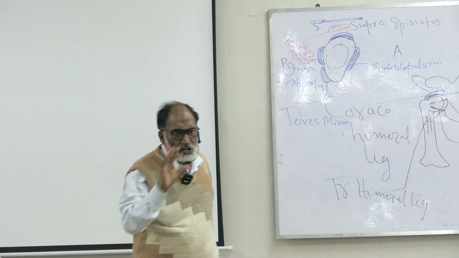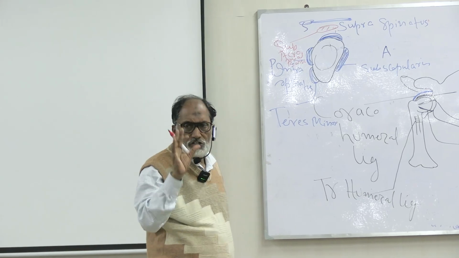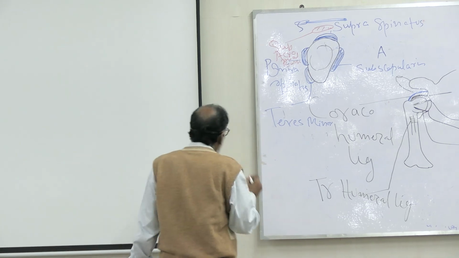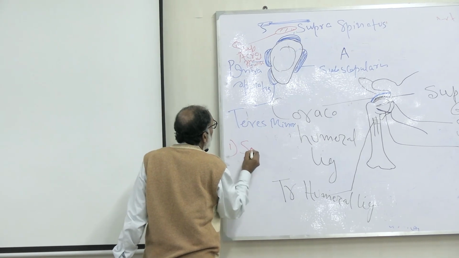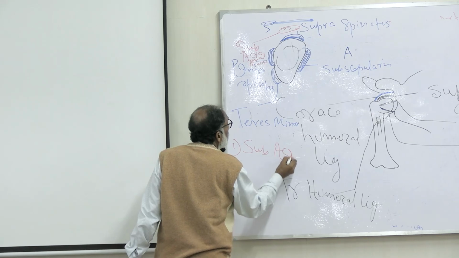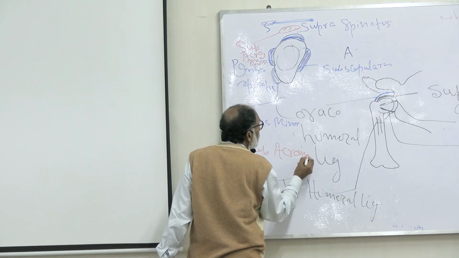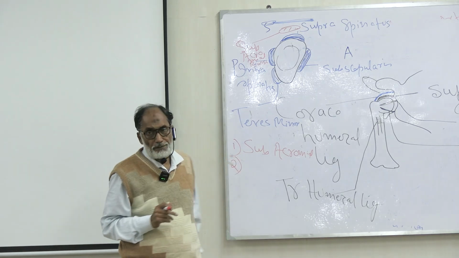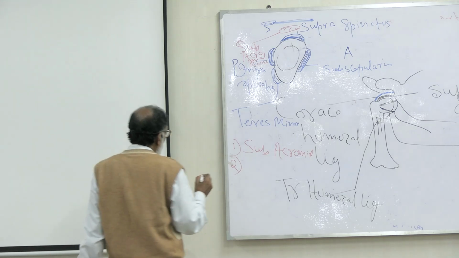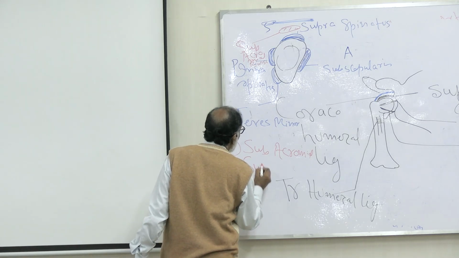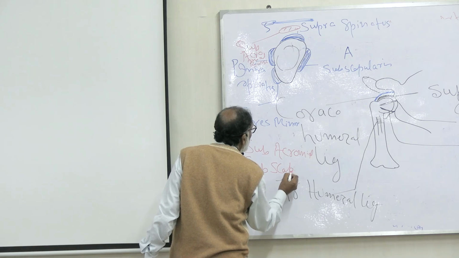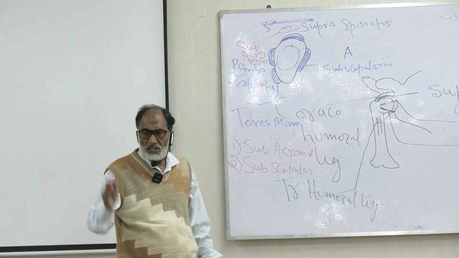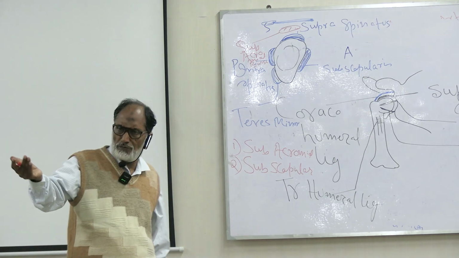So there are several bursa which are related to the joint. Number one, subacromial bursa. Number two, subscapular bursa. Subscapular bursa, so it must be deep to subscapularis muscle.